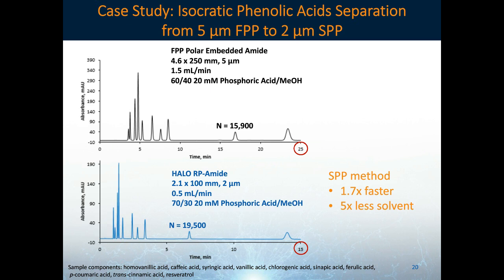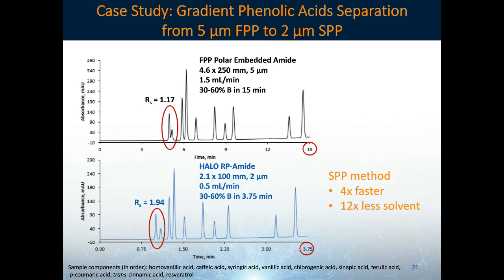And then finally, taking the same separation or the same components that were looked at from the previous slide, now we're using gradient conditions. So what you can see is on the top chromatogram, which is the 5 micron SPP column, that separation is complete in 15 minutes, and we're not getting baseline resolution on the first pair of peaks.